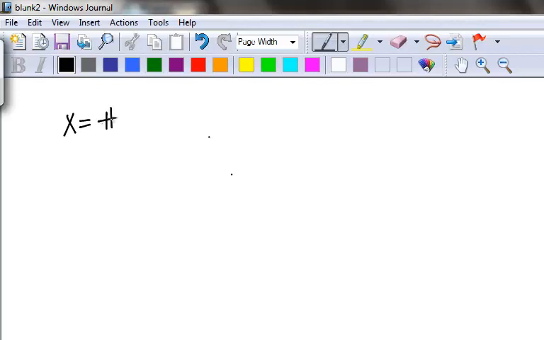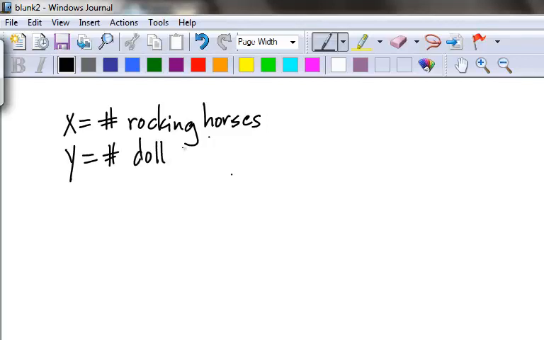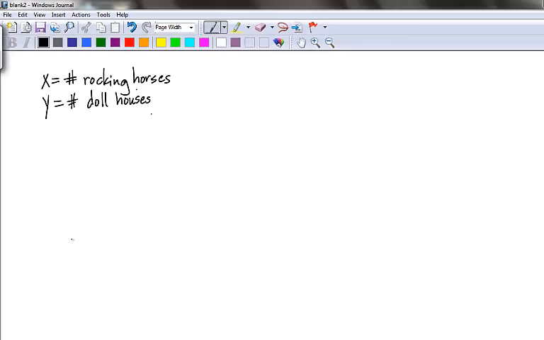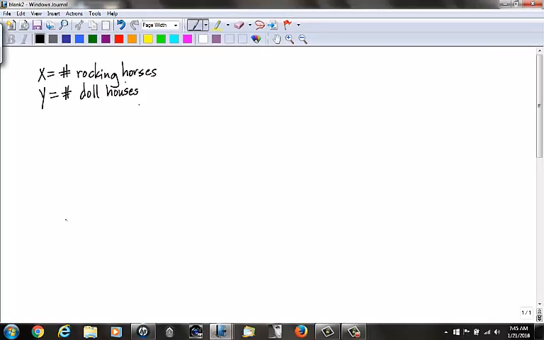They're already starting out. X is the number of rocking horses, and we're trying to figure out how many of those do we make. And Y is the number of dollhouses. Okay, so go back to the work hours for assembly. Total, how many work hours do we have? 3,800.